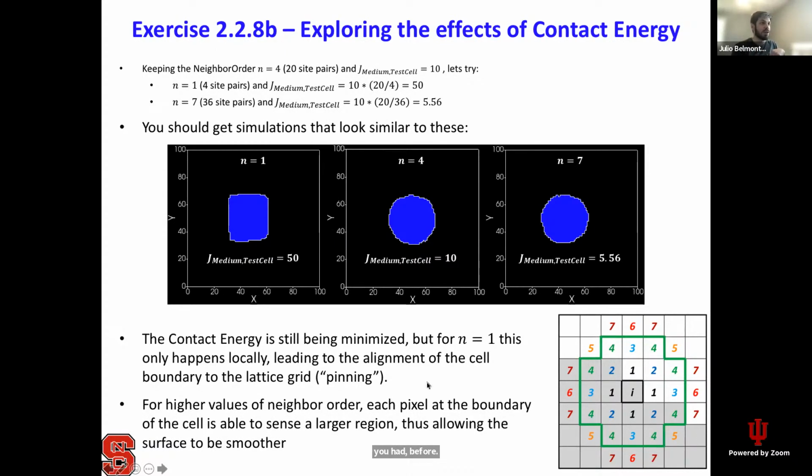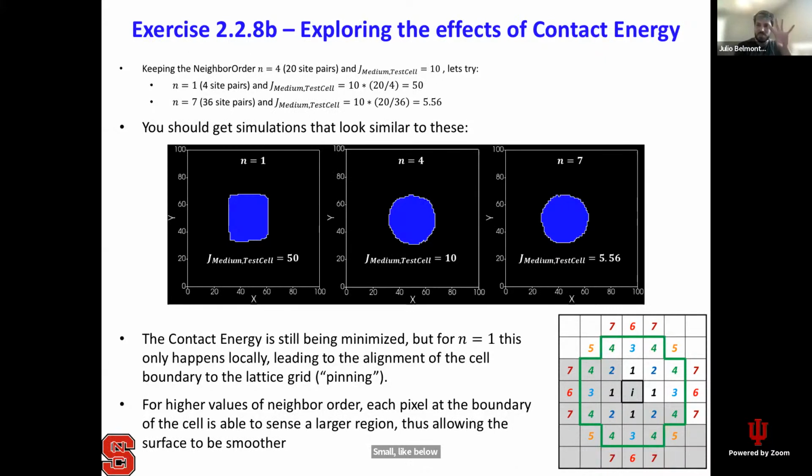The other drawback of making your neighboring order much bigger is that if the range of your contact order is much bigger than the actual size of the cell, you may induce your cell to disappear. That is why, when you were doing the simulation of the volume constraint, if you made the target volume of the cell much smaller, like below 20, the cell disappeared.